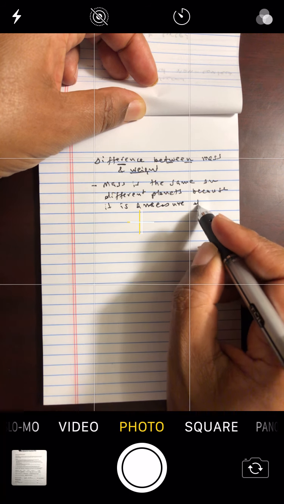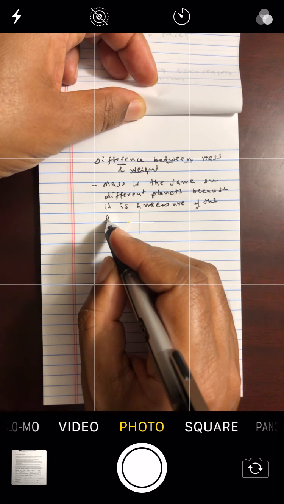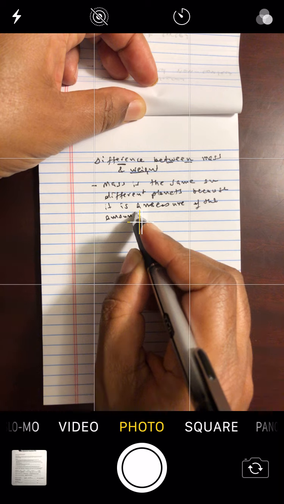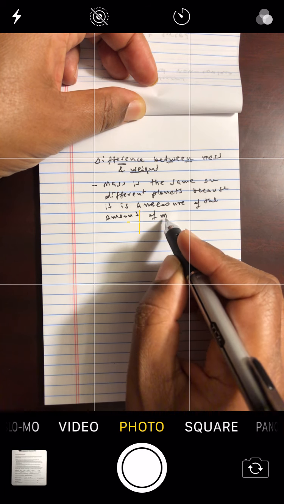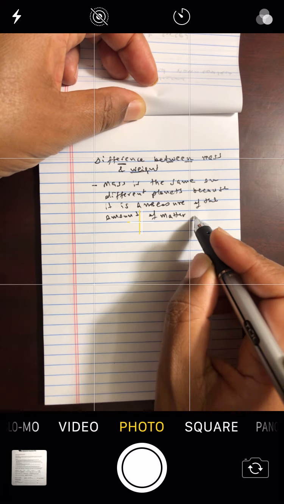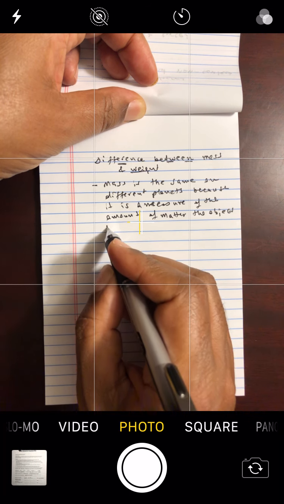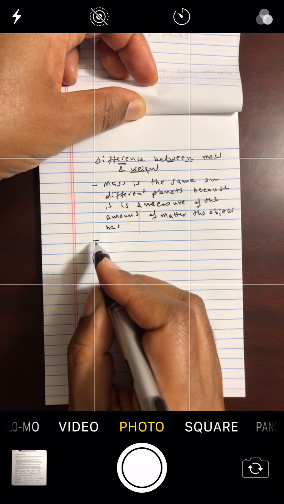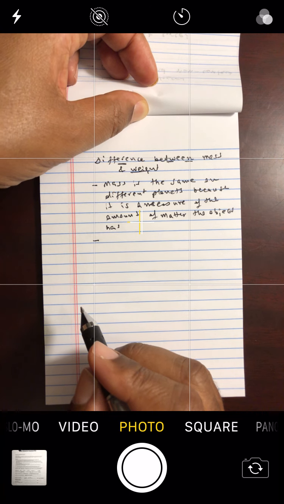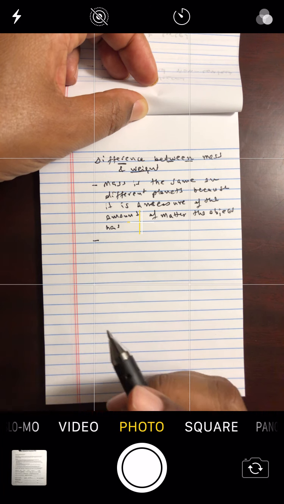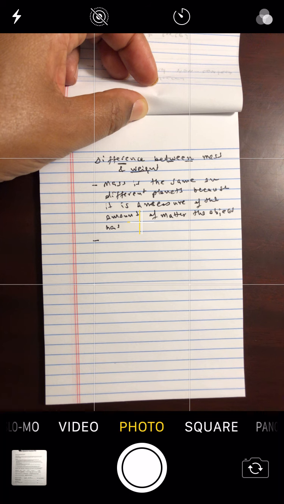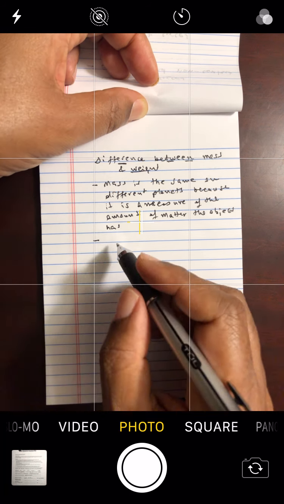Okay, and that's always the same. On the other hand, weight is different on different planets because it's the force exerted by the massive object in its vicinity. It depends on something else.